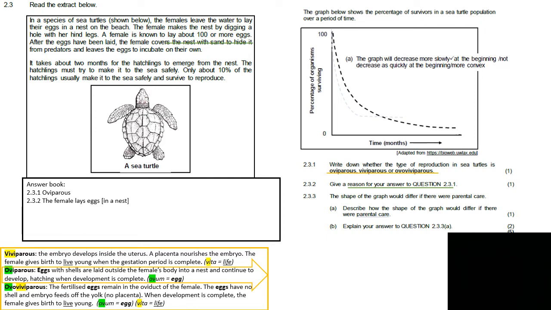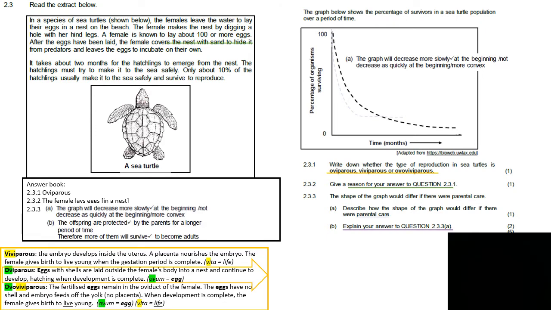So the answer for A is the graph will decrease more slowly at the beginning, or you could say not decrease as quickly at the beginning, or you could describe it as more convex. And B, explain why the graph appears that way. The offspring are protected by the parents for a longer period of time, therefore more of them will survive to adulthood.